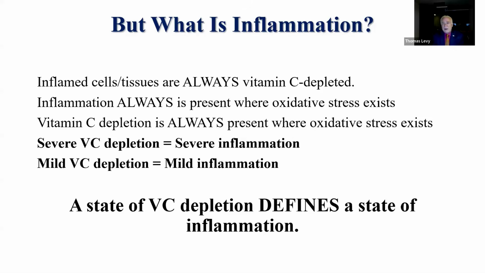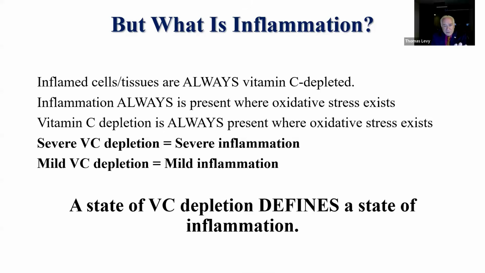So do they really think we're having an epidemic of coronary artery inflammation, or an epidemic of something causing that inflammation? Well, what is inflammation? This is a very, very important slide. I encourage you to pay close attention. Inflamed cells and tissues are always vitamin C depleted.